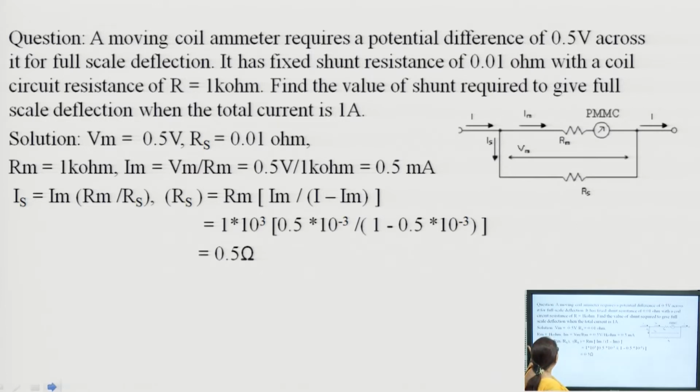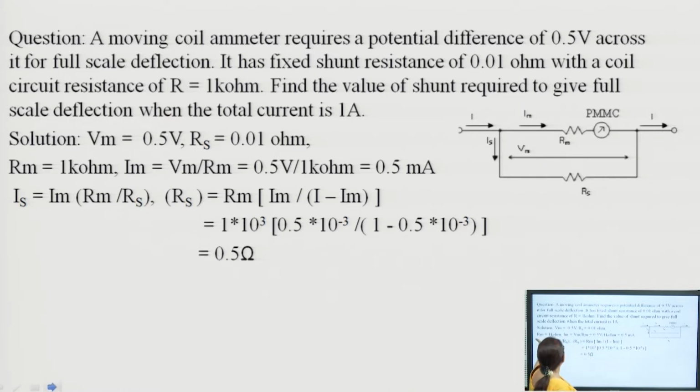So, by this equation Is is equal to Im Rm by Rs, we know that the shunt resistance value is given by Rm Im divided by I minus Im. So, by substituting this value, the value of resistance is 0.5 ohm.